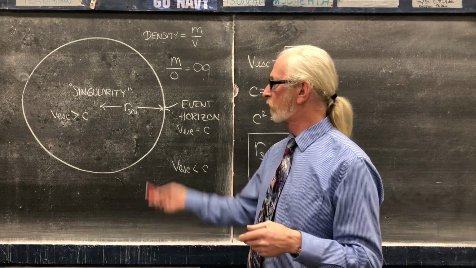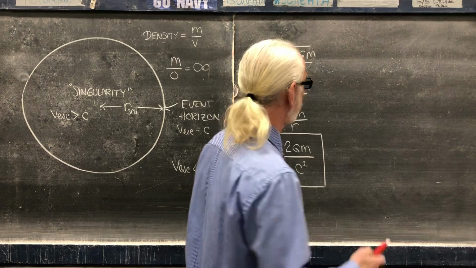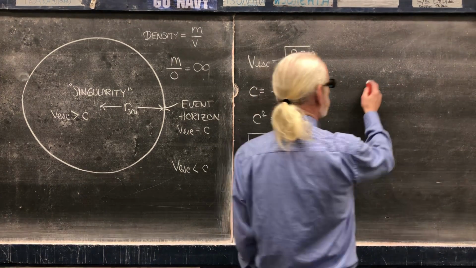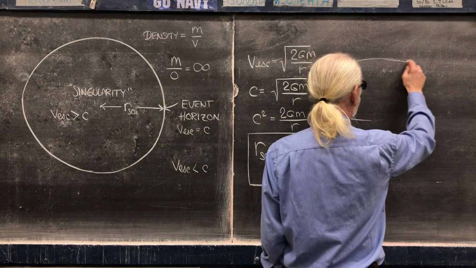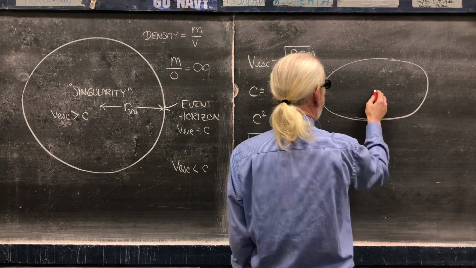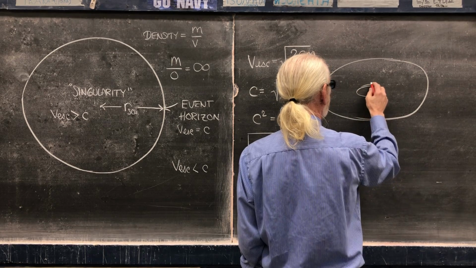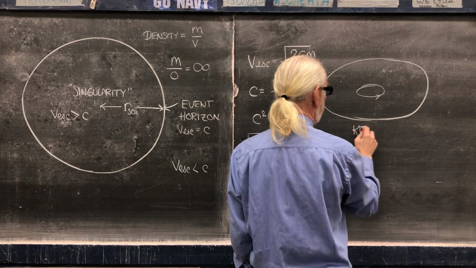There's 2 basic types. This is a Schwarzschild type of black hole, and there's one other type in which the black hole is spinning and it has kind of an oblate form, and that means that the singularity is spinning as well. This is called a Kerr black hole.